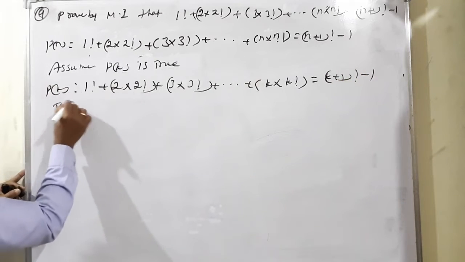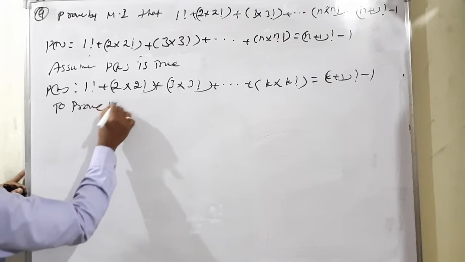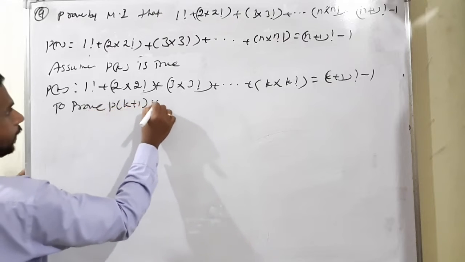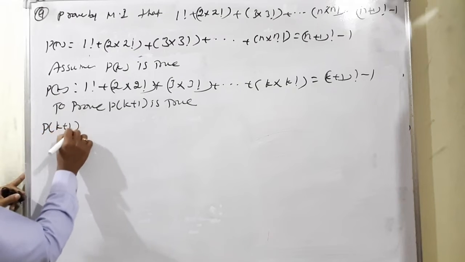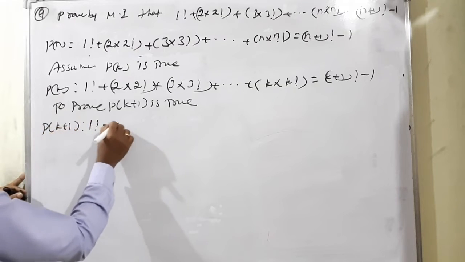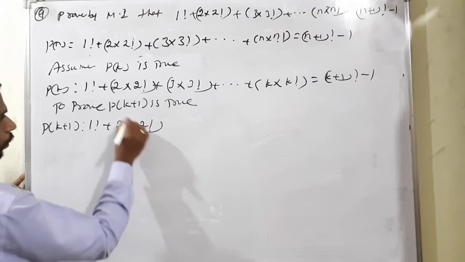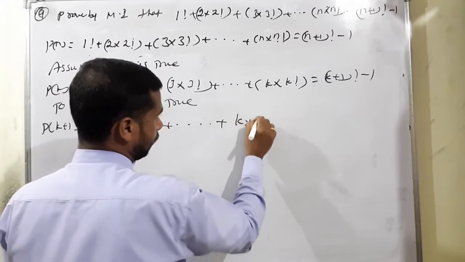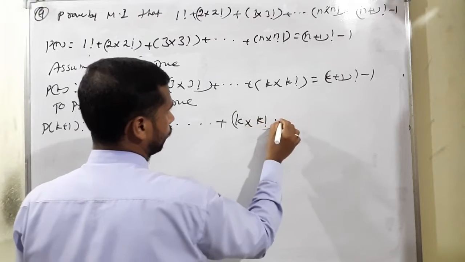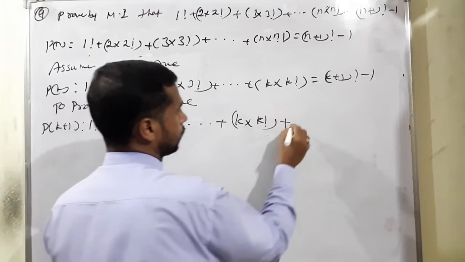Then to prove P of k plus 1 is true. So P of k plus 1 is true means 1 factorial, then 2 into 2 factorial plus dot dot dot plus k into k factorial plus k, what is the meaning?